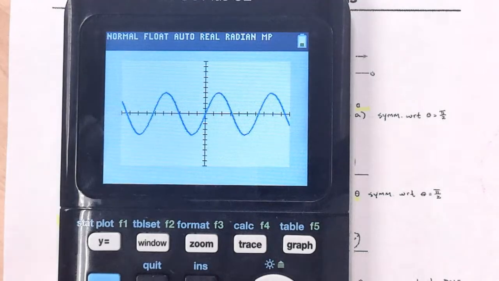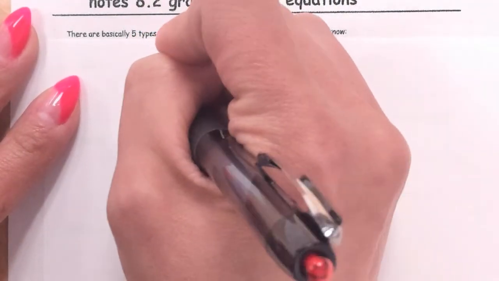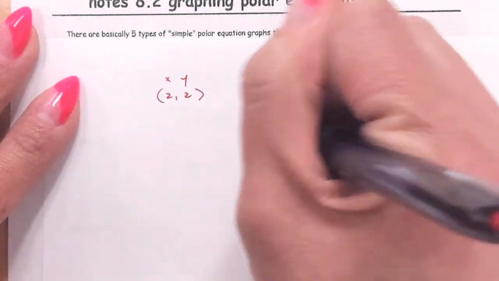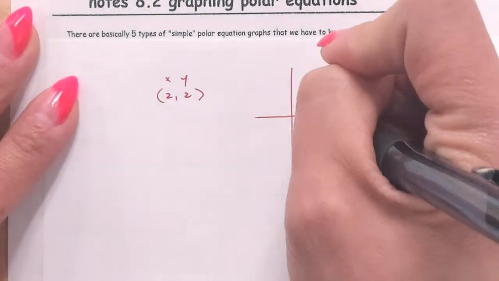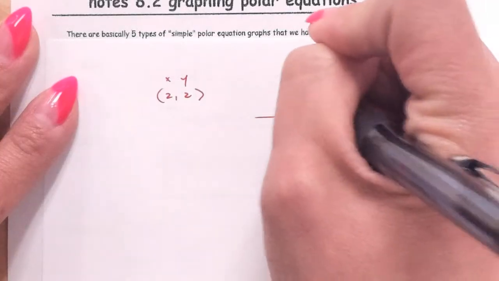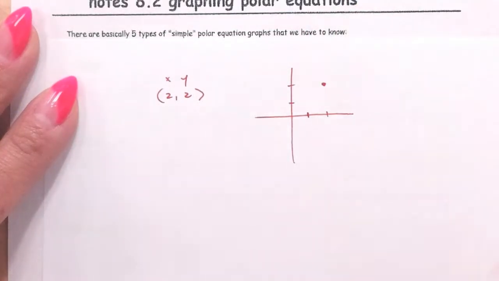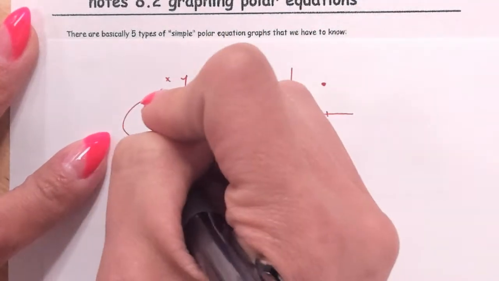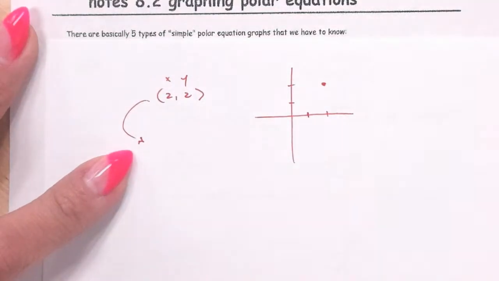But then, do you remember when we were doing something with polar points? So let's say you have like the point 2, 2, and this is an xy, and then you graph it, and you're like, oh, that's 1, 2, 1, 2. That's right here, right? How do you write that as a polar point?